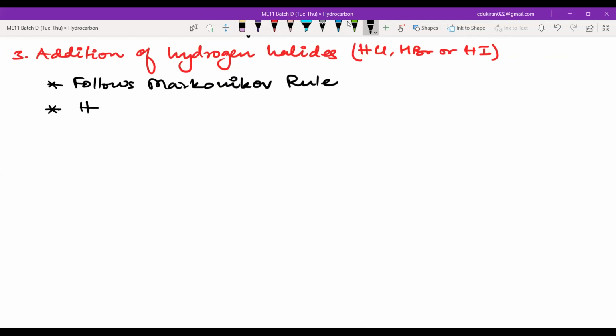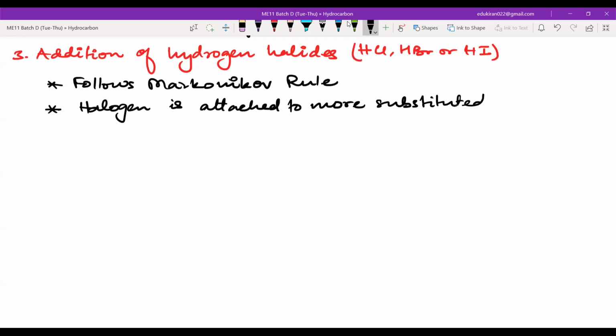So the halogen is attached to the more substituted carbon.